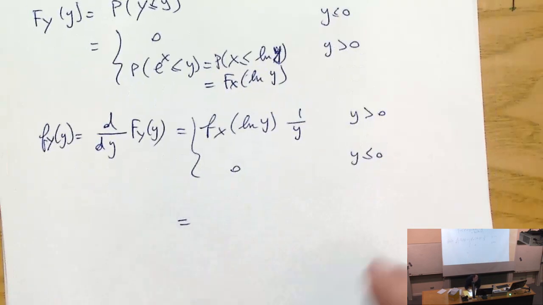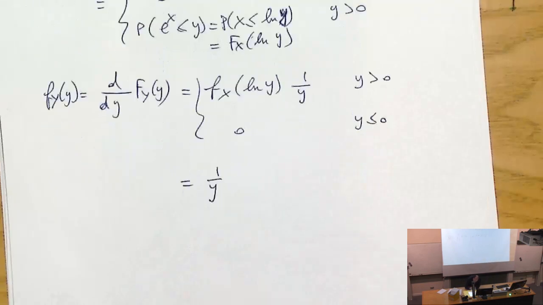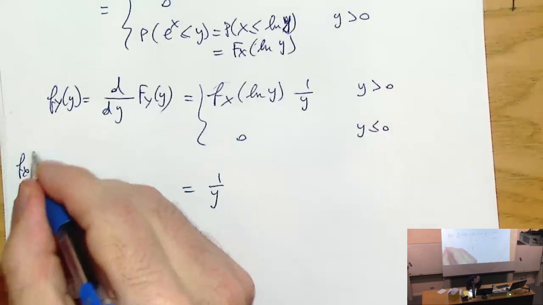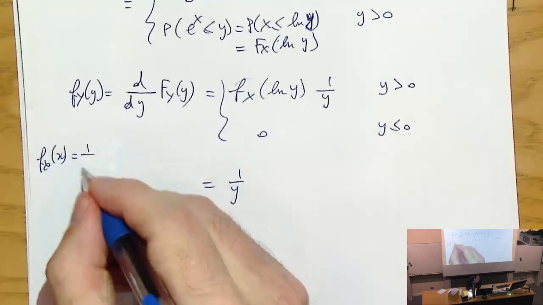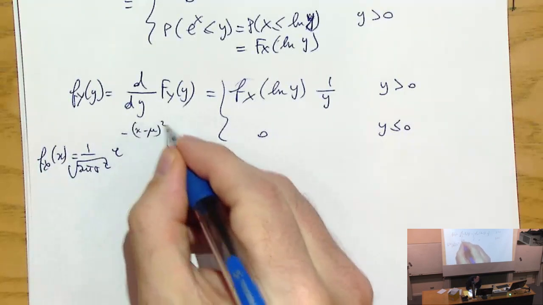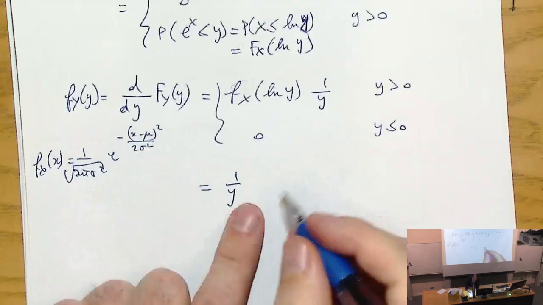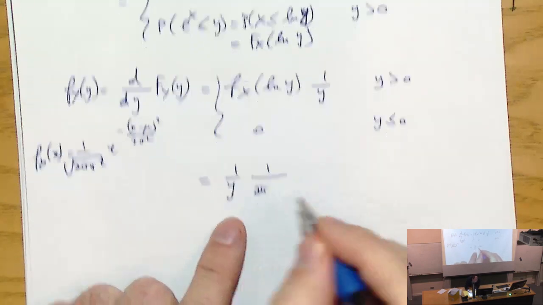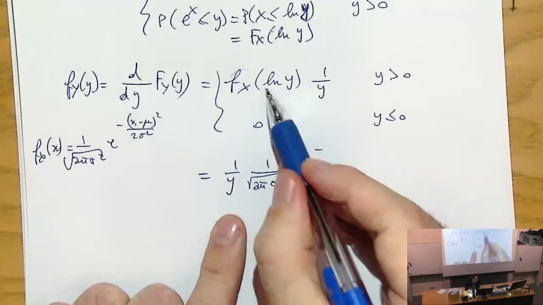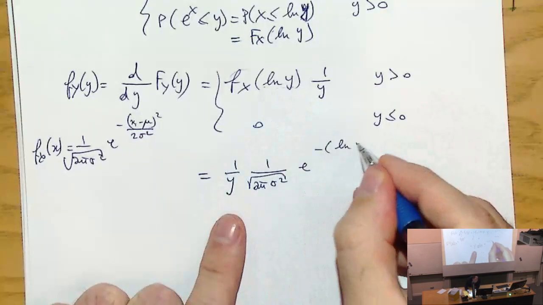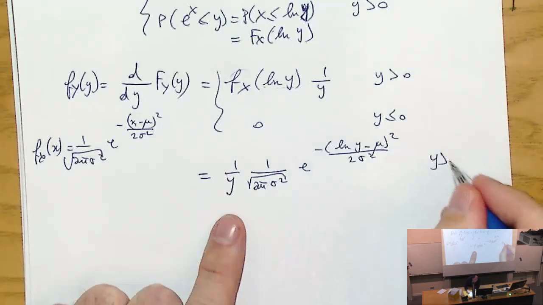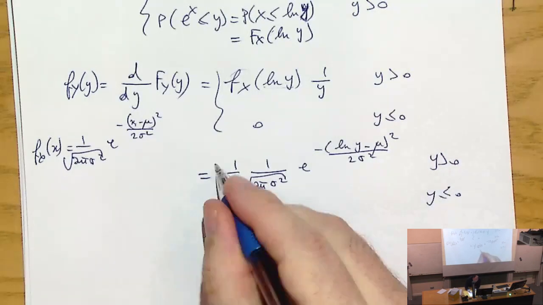Now, this is the PDF of a normal random variable, so it's 1 over square root of 2 pi sigma square times e to the minus (x minus mu) square over 2 sigma square. And so what we have here is 1 over y times 1 over square root of 2 pi sigma square times e to the minus, where x is now replaced by ln of y, so I have (ln of y minus mu) square over 2 sigma square. This is for y positive, and for y negative, you get 0.